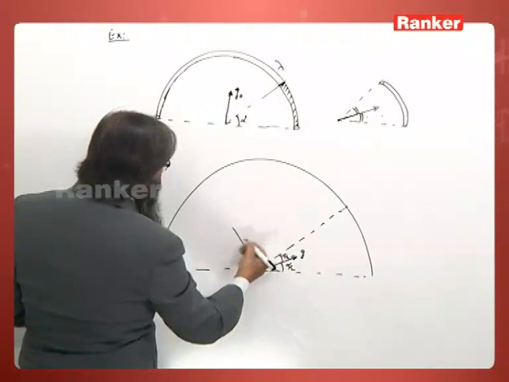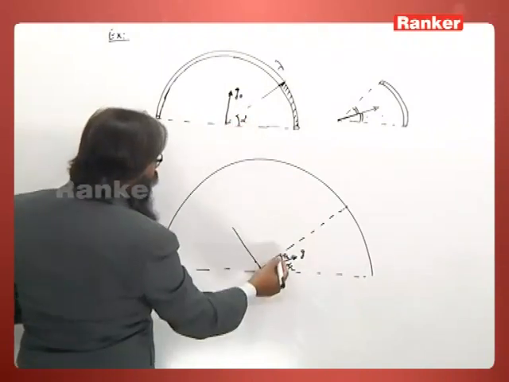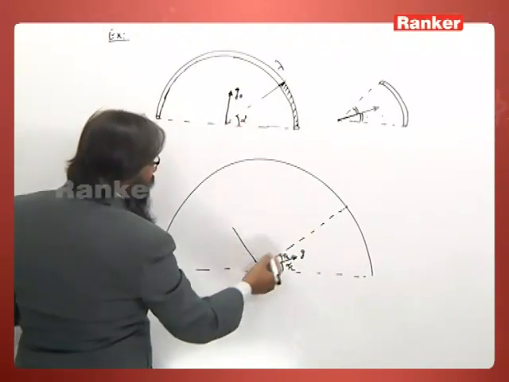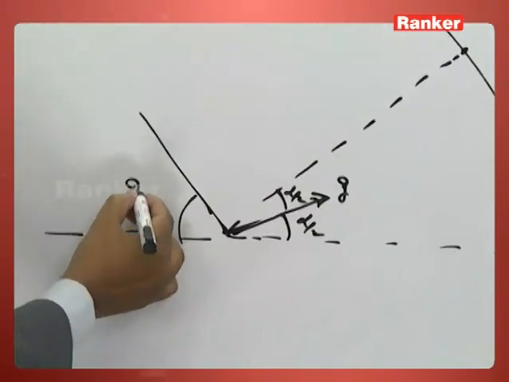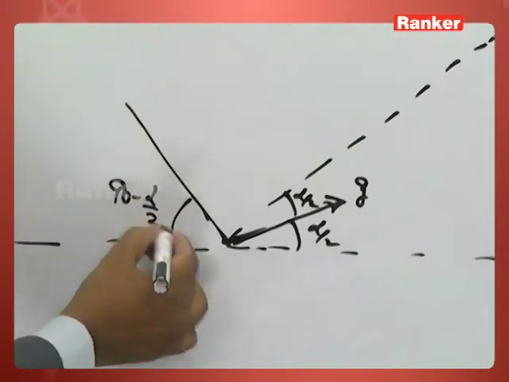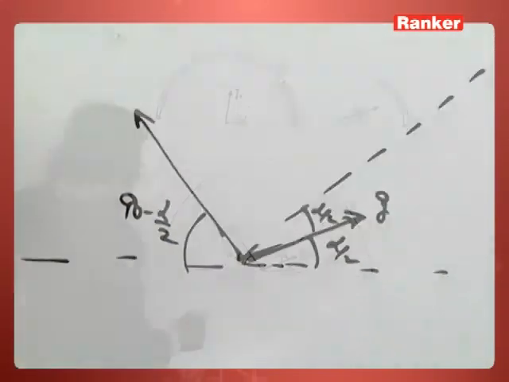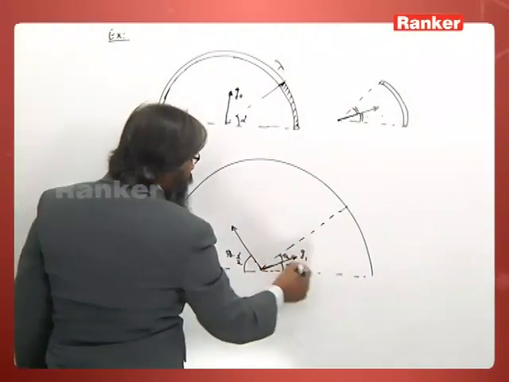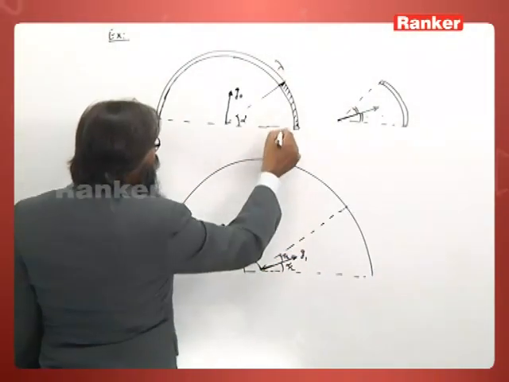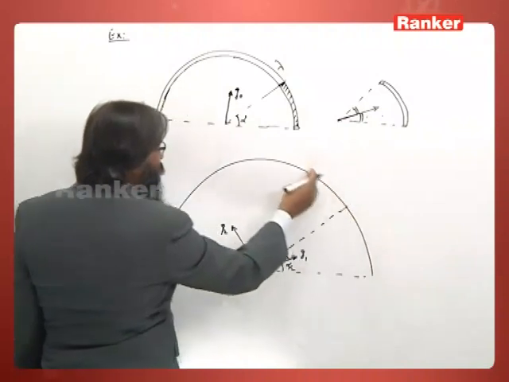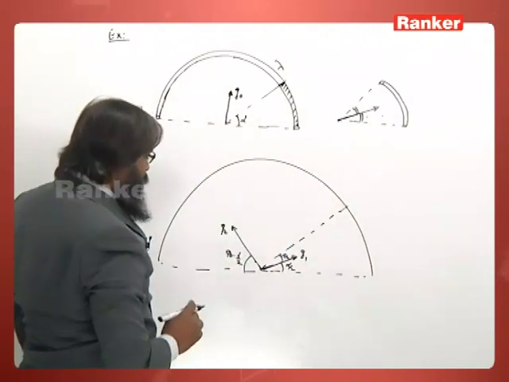So this angle, you see this angle is alpha, this angle becomes 180 minus alpha. So this angle becomes 90 minus alpha by 2. And suppose I say this is G1, this is G2. G1 is the field due to this portion, and G2 is the field due to this portion.